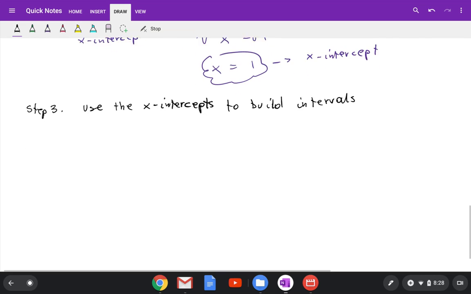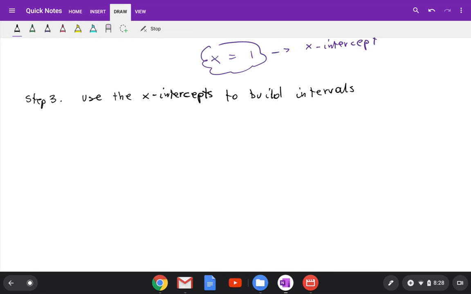Since we don't have a graph, we're going to check which intervals satisfy our inequality. So this is our x-axis. Our two x-intercepts was x equals 0 and x equal 1.